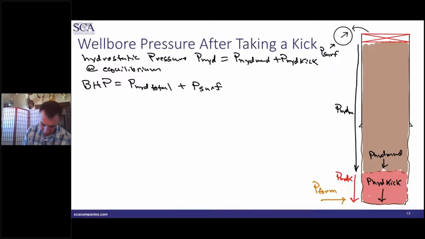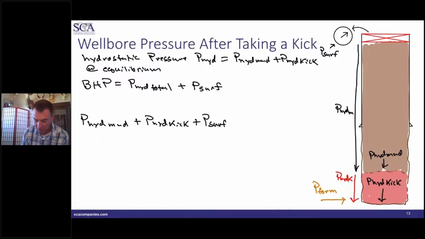So what I end up with is P hyd of the mud plus P hyd of the kick plus the surface pressure, which in this case is shut-in casing pressure, is equal to the pressure of the formation.